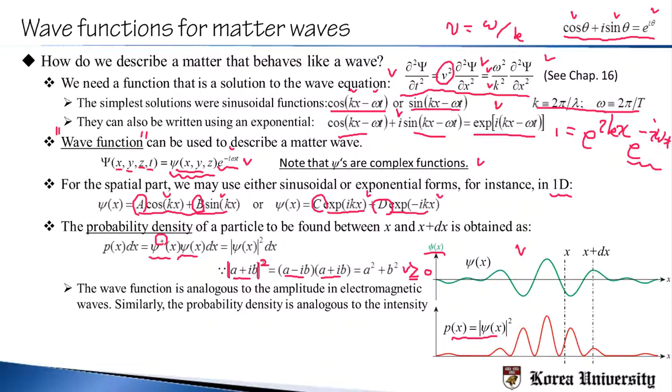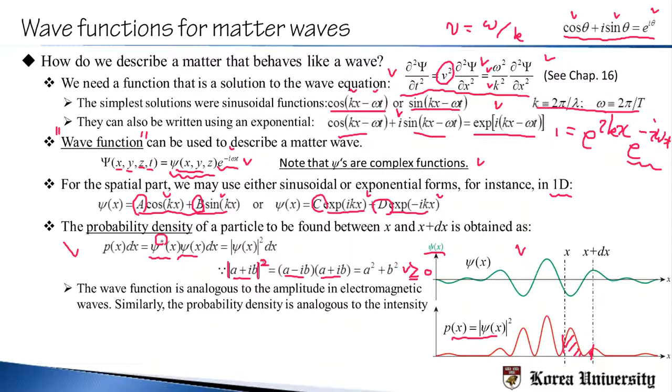So this is how we take the square to get the probability density, and this probability density represents the probability of the existence of the electrons. So you can integrate this function over a certain range, and the value you get will represent the probability of the electron existing within this range. This is how you calculate.